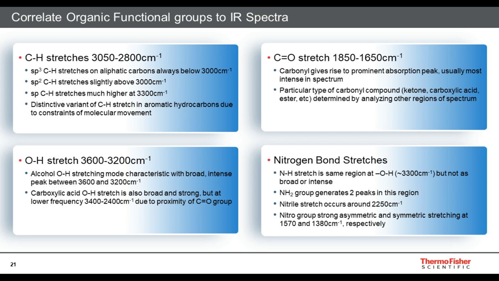And these aren't simply just vibrations for the sake of it. They give us a great deal of information about the structure of the molecule itself. All of these vibrations are very well understood. It's a very mature technique. And so we can relate CH stretches to aliphatic carbons or to CO carbonyl stretches and all sorts of different functional groups and bond characteristics.